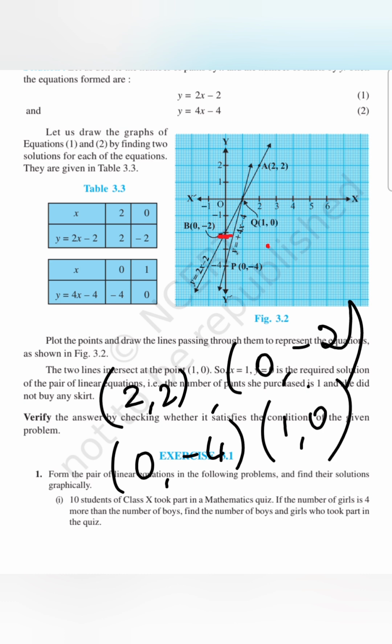The x value is 0, the y value is minus 2, so you get it on the y axis, on the y dash side. Then 0 comma minus 4 is also on the y dash side, so it lies on the y axis at minus 4. And 1 comma 0 is going to be on the x axis, because here the y value is 0 and the x value is 1. Once you plot these points, you have to join them.